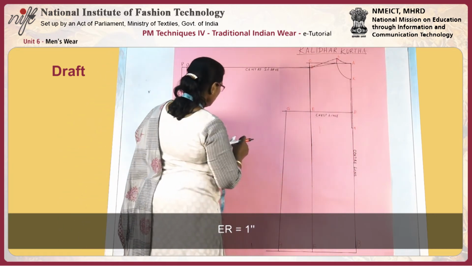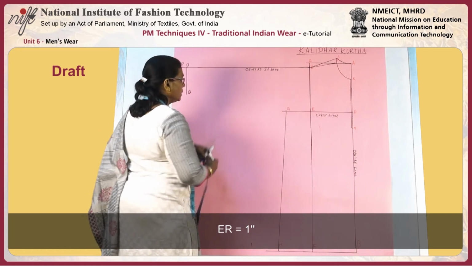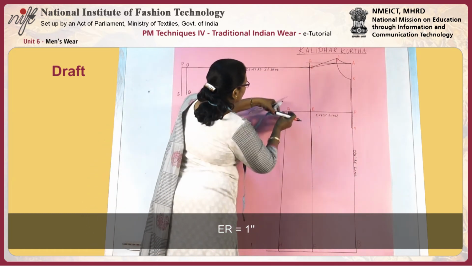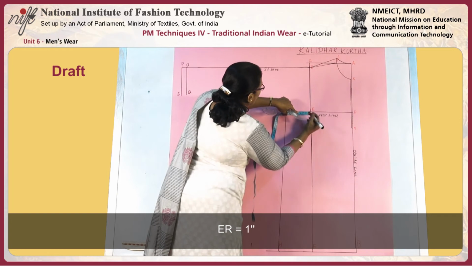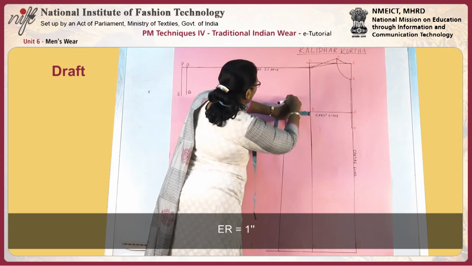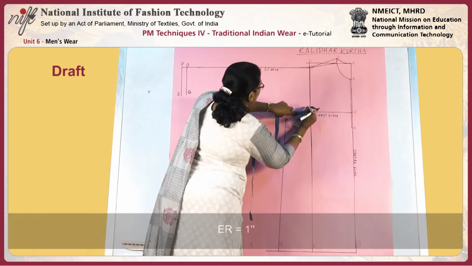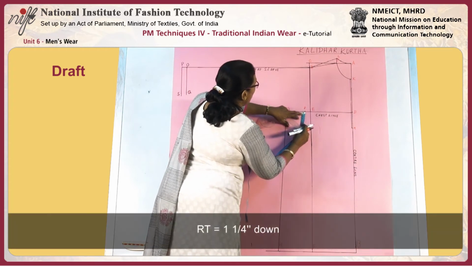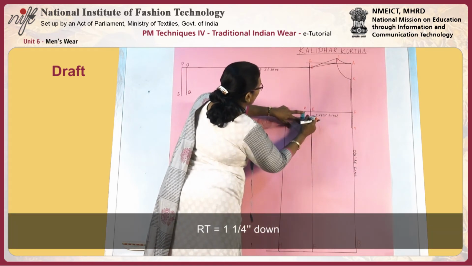ER is equal to 1 inch. RT is equal to 1.25 inch down.